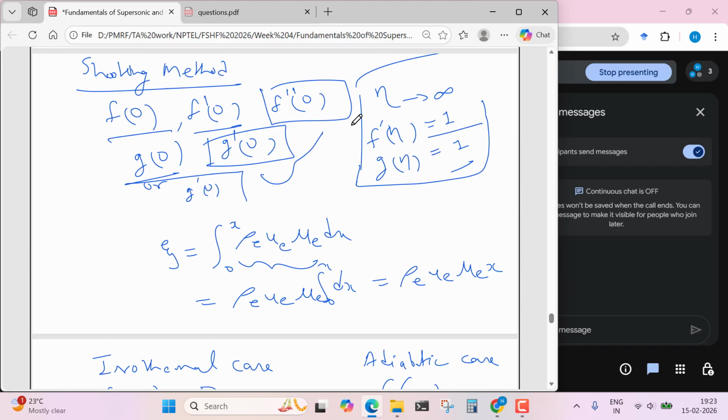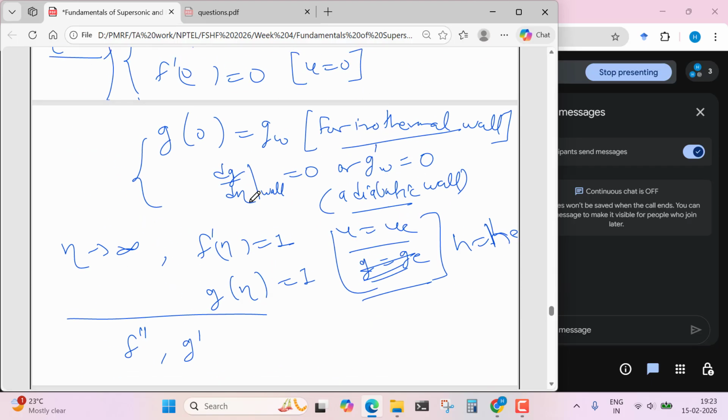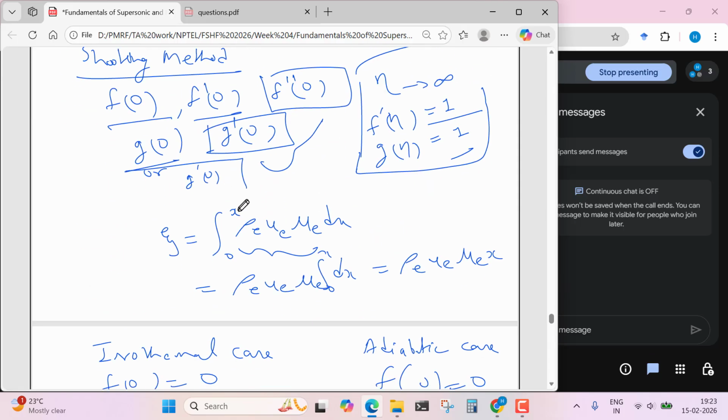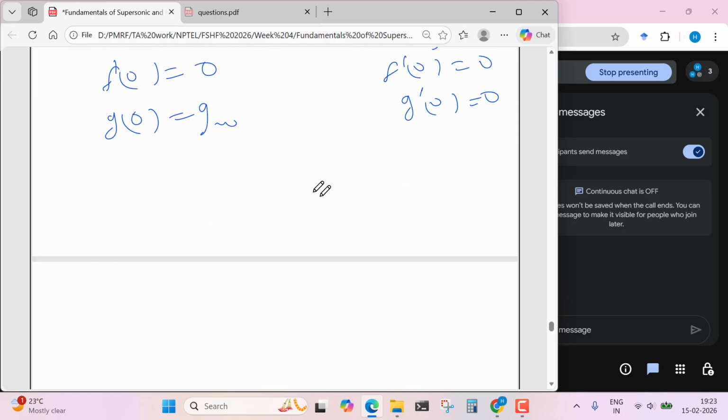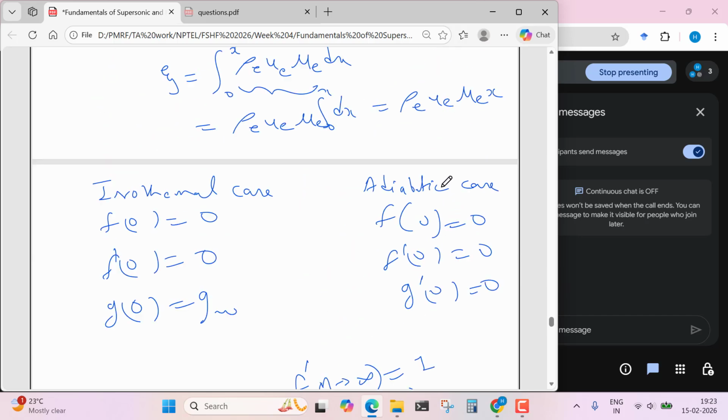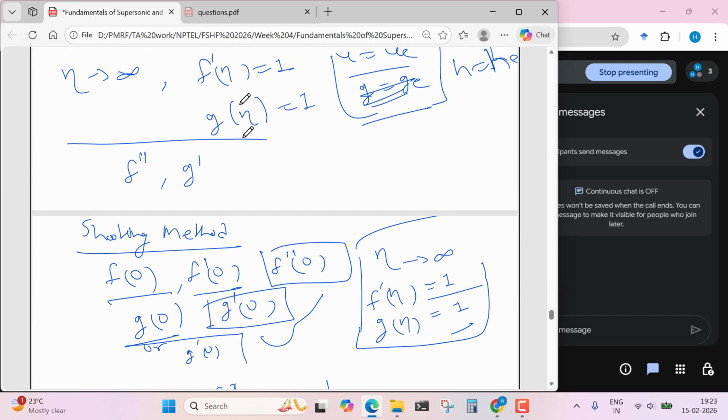These three values we know. And the other two values which we know are f dash eta tends to infinity equal to 1, and g eta tends to infinity also 1.